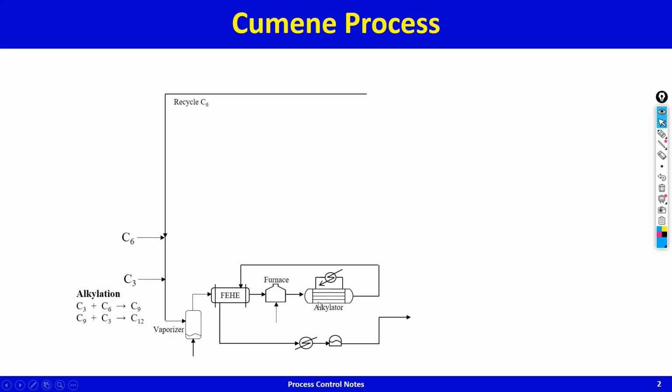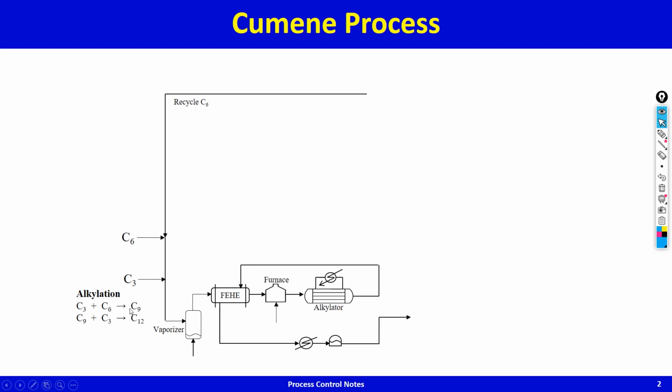So you have the hot reactants undergoing alkylation and further alkylation in the alkylator, and the way the process is designed, single pass conversion of C3 is near complete, and the amount of C12 produced is not very large. Maybe the selectivity or yield to C9 would be of the order of 95%.